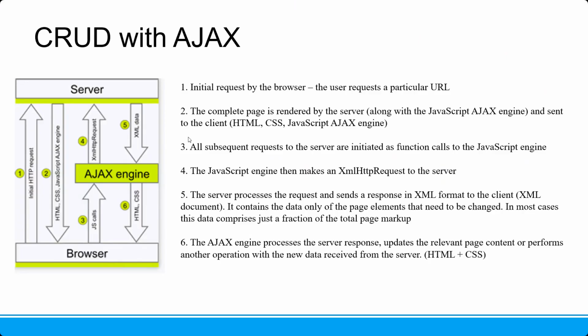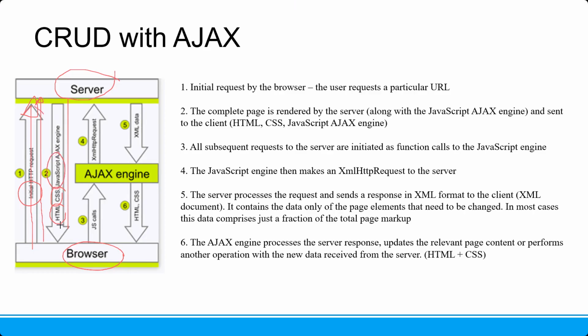So CRUD with AJAX can be simplified with this diagram. You have the server and the browser. At first, of course, you need the initial request to the server, and it will return the HTML, CSS, and JavaScript.